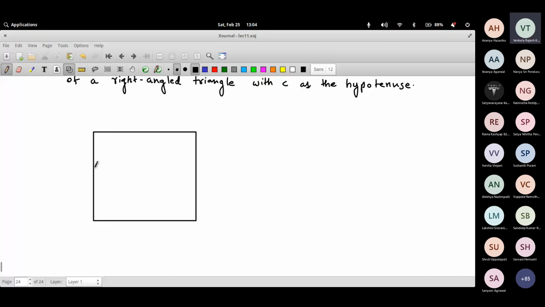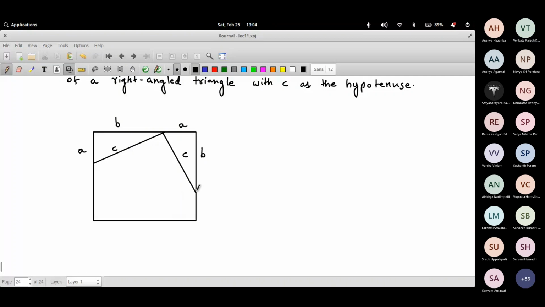Okay, so let's assume the triangle is arranged like this. Suppose if this is A, this is B, then this is C. Right, or let me put it here. This is C. And again, this is A, this is B, this is C.